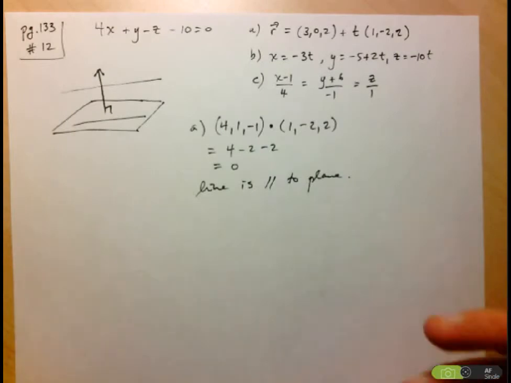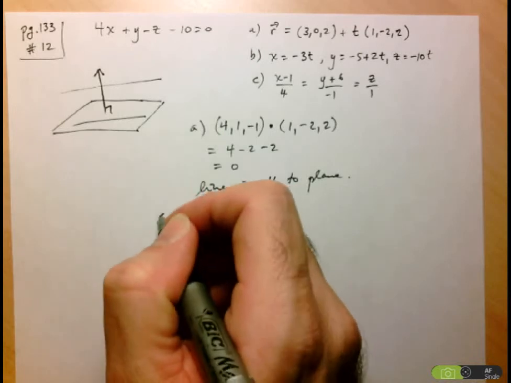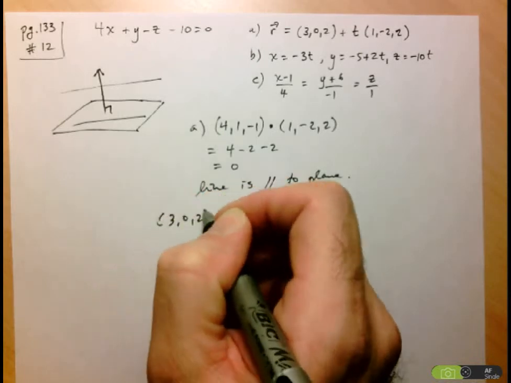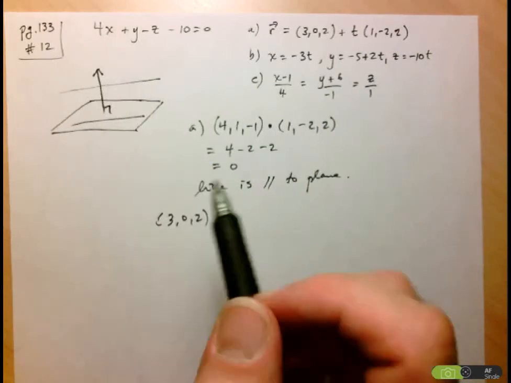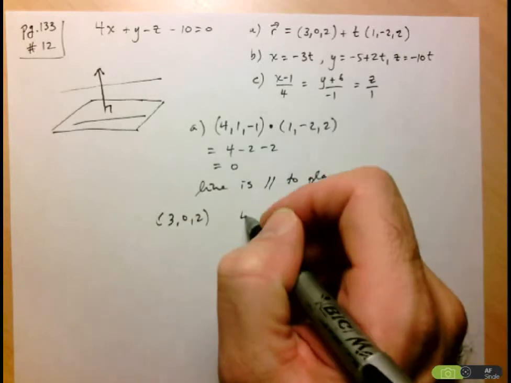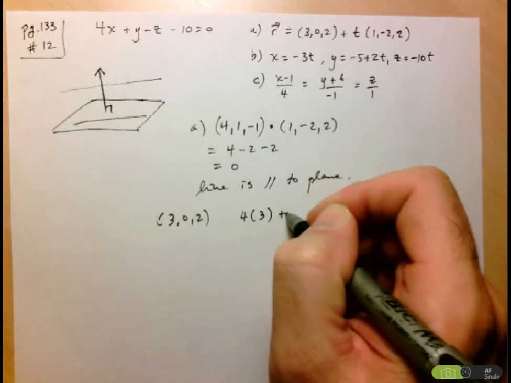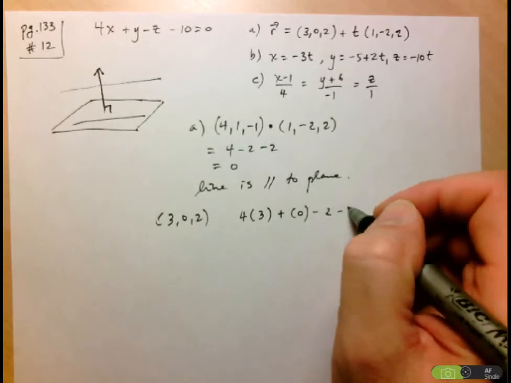Okay, so let's start with the first one here. So here we've got the point 3, 0, 2, which is on the line, and I want to see whether that point is going to be on the plane. So it's just a matter of inputting it into the equation and seeing if the equation is satisfied. So here we've got 4 times 3 plus 0 minus 2 minus 10.